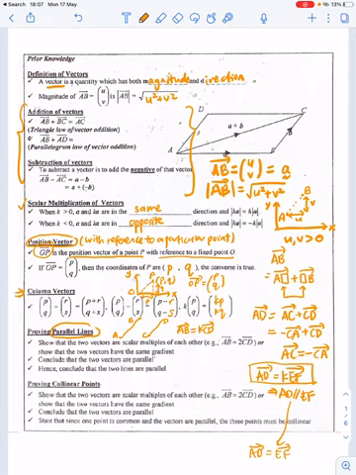This can tell me two pieces of information. It can not only tell me the fact that AB is parallel to CD, it also can tell me how many times longer AB is compared to CD. In this case, AB is K times longer than CD.